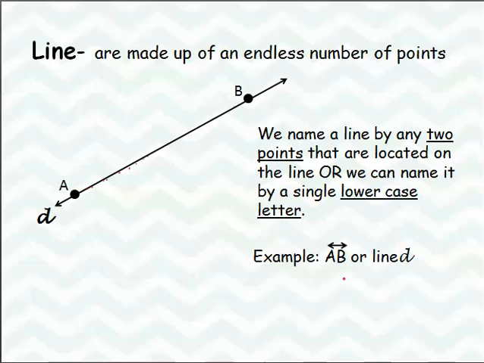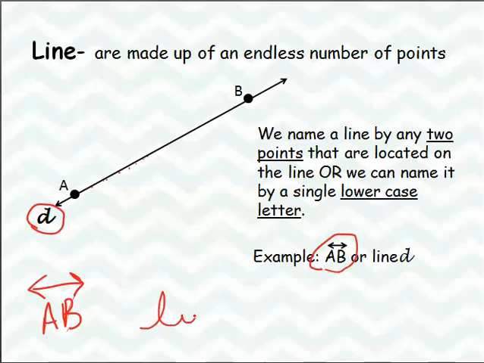The line symbol is 2 arrows like this, and then the 2 capital letters that it connects. Or if you have a little cursive letter off to the side, you can also just call it line D.